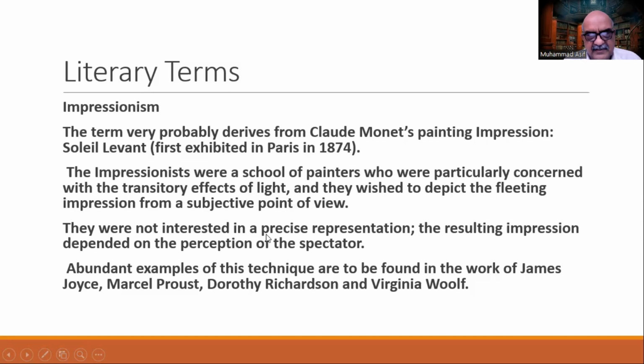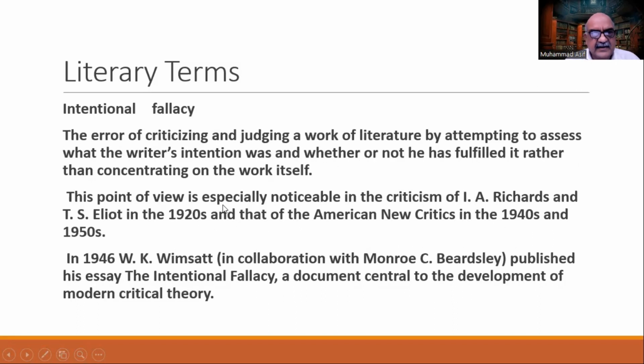They were not interested in precise representation. The resulting impression depended on the perception of the spectator. Abundant examples of this technique are to be found in the works of James Joyce, Marcel Proust, Dorothy Richardson, and Virginia Woolf.